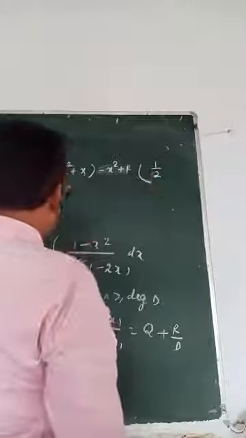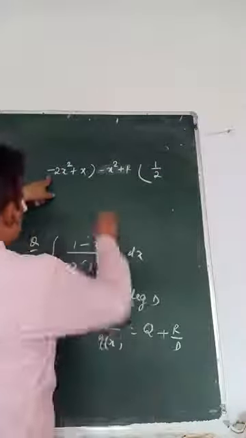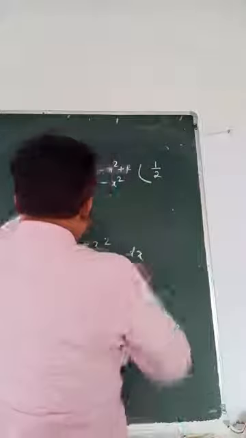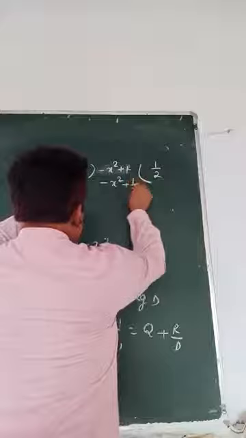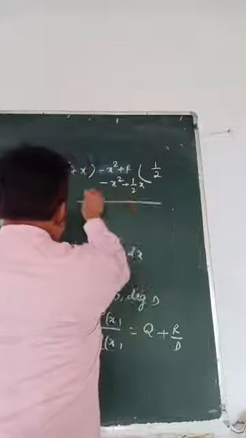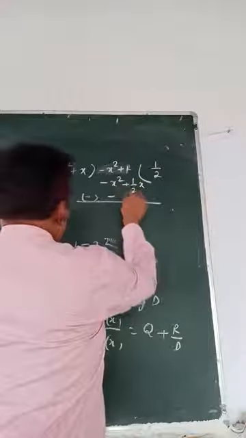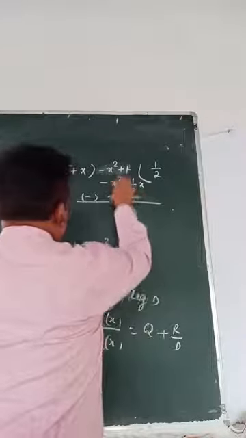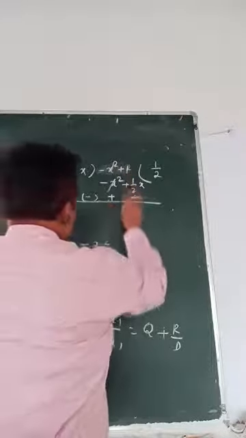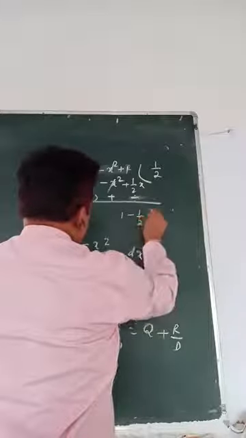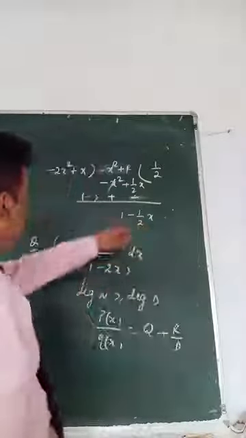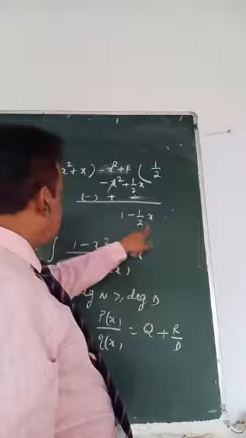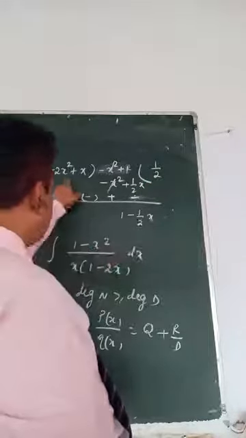So which number will go in here? Half into 2x minus 2x square is minus x square. Half into x is plus half x. Now if I subtract, this is minus, this is plus, this is plus, this is minus. This gets cancelled. So it is 1 minus half x. So quotient is this, remainder is this, divisor is this.